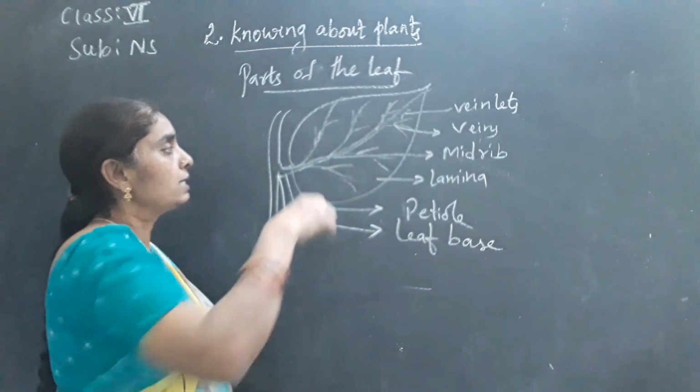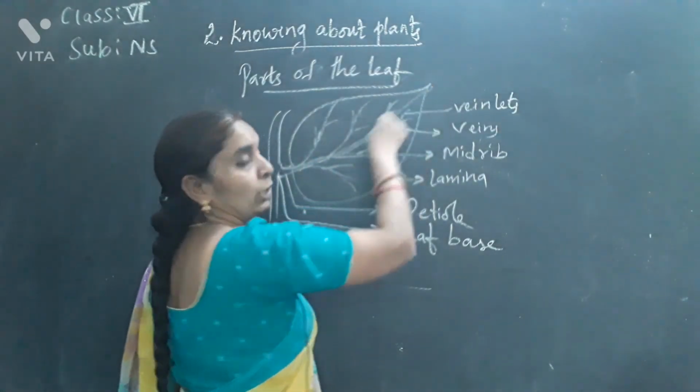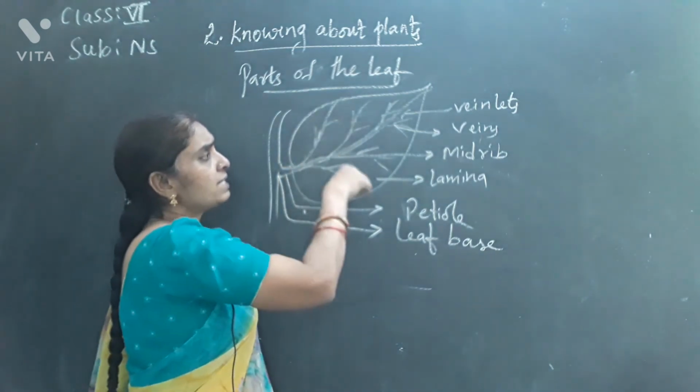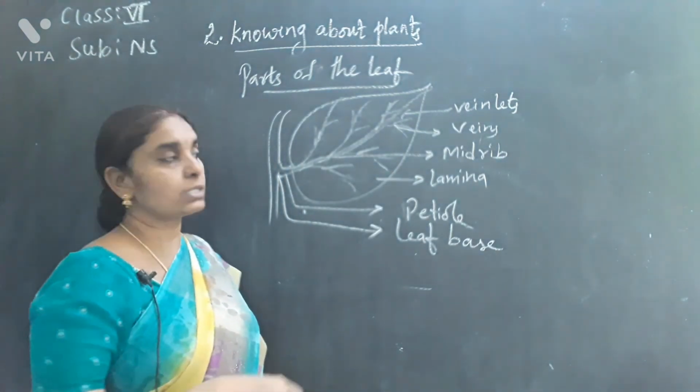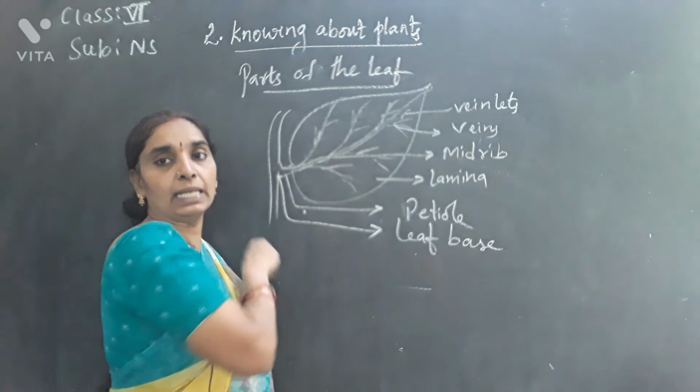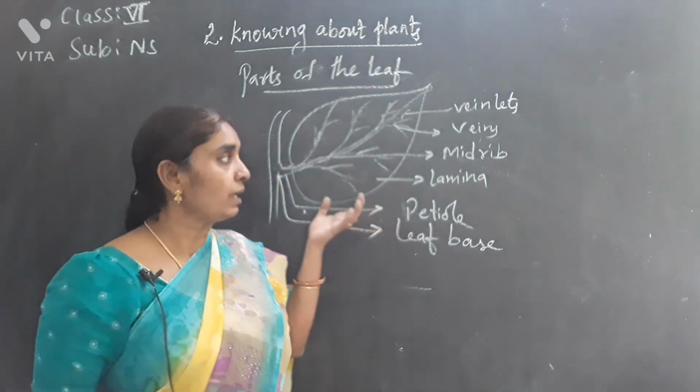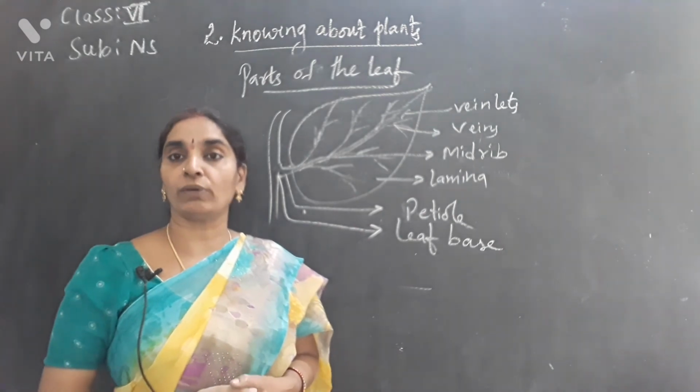and veinlets. The long vein that arises in the center of the leaf is called the midrib, and veins and veinlets are arranged over the midrib. You can see all the veins in parallel, that is in the parallel venation, the arrangement of the veins.